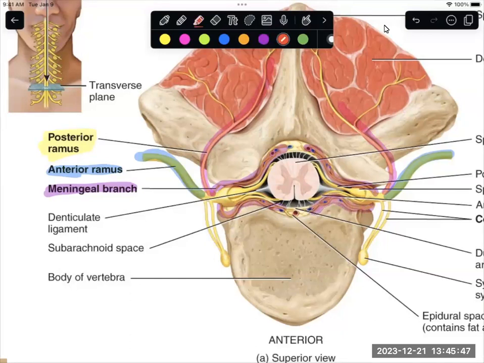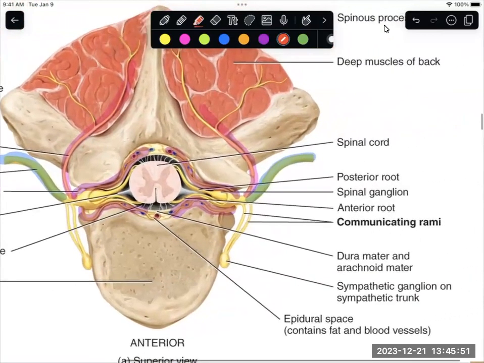Now, these are our communicating rami. So this is where all of our autonomic information is going to go. This is an autonomic ganglion here.